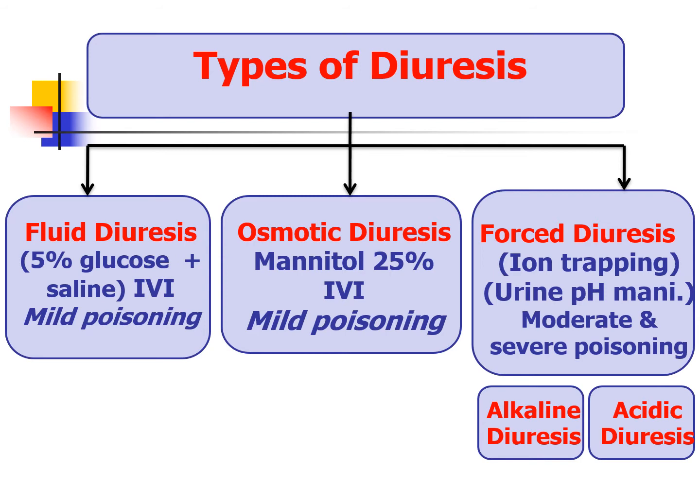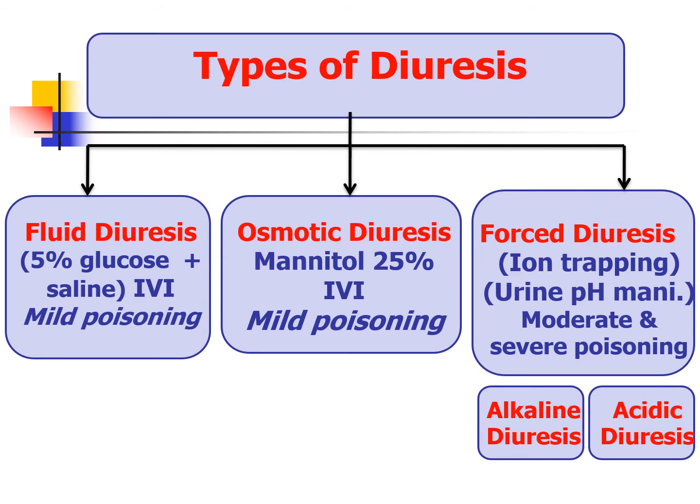The most important type of diuresis is forced diuresis, which may be called ion trapping or urine pH manipulation, because it's effective in moderate and severe poisoning. It has two types: alkaline diuresis to increase the rate of elimination of weak acidic drugs, and acidic diuresis, which was used to increase the rate of elimination of weak basic drugs.